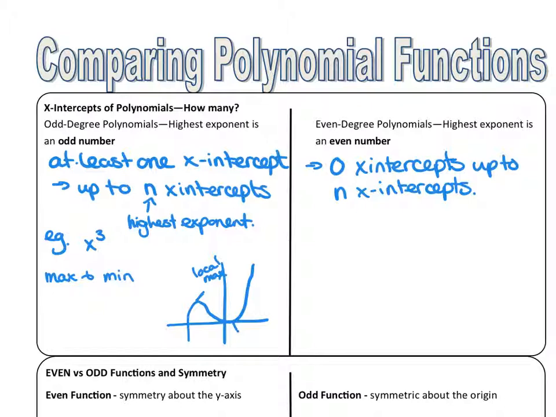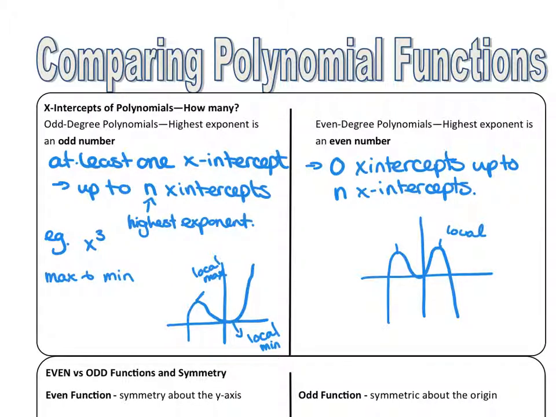And then here would be a local minimum. And the same thing happens with the even degree polynomials. You might have one that looks like this. And in this case, you would have a local max. This would be a local max.